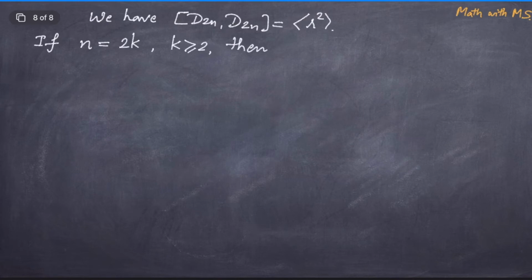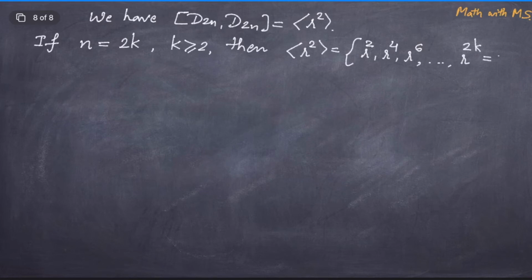what is this cyclic subgroup generated by R square? R square will consist of powers of R square. So, as I said, it will be R square, R4, R6, and so on, and it will go all the way up to R to the power 2k, which will be 1.